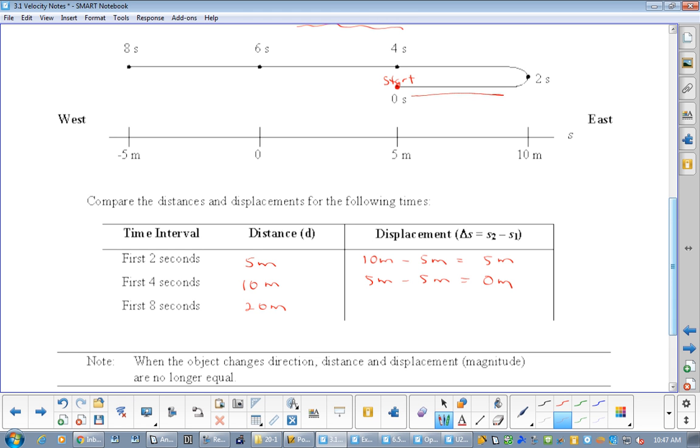I went 5, 10, 15, 20. What would be my displacement? Negative 10 meters. That would be negative 5 meters minus 5 meters, which is negative 10 meters.